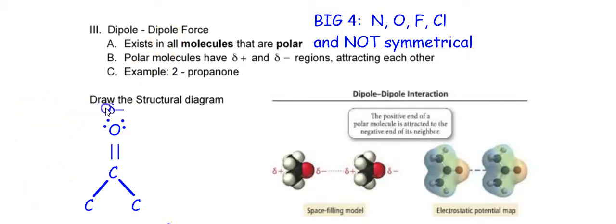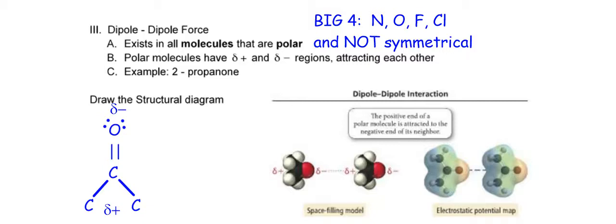So this up here is my region of partial negative. Whoo, almost said that wrong. And down here is your region of partial positive. What does that do for you? It sets up this dipole in this one molecule. Why do they call it dipole? Because how many molecules do you need to have an attraction? You need 2.